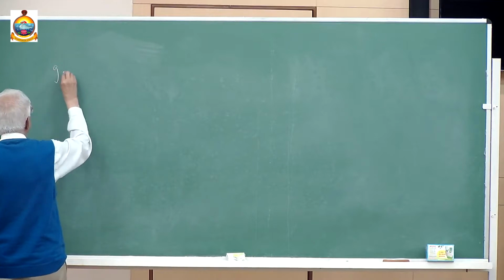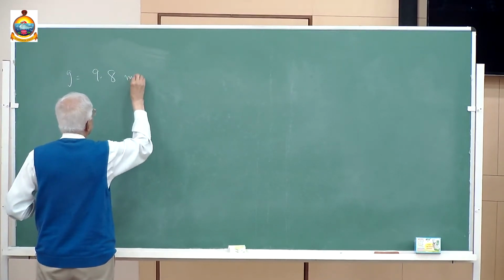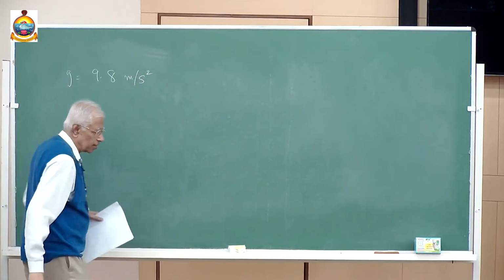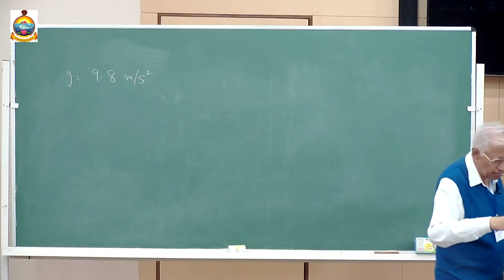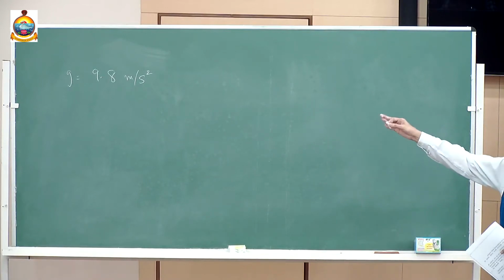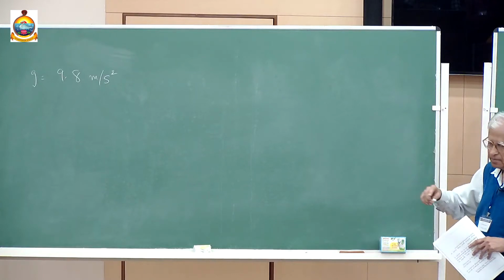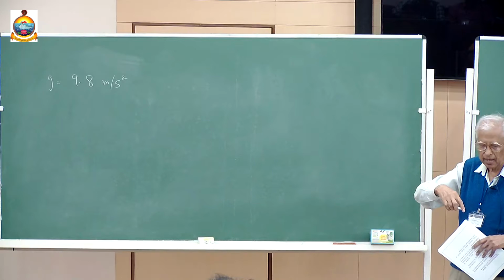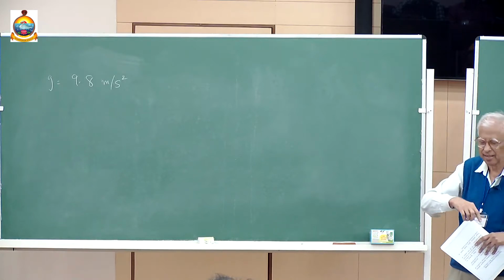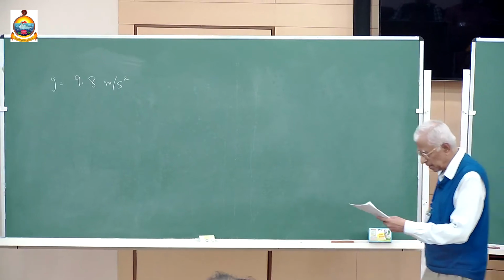I will use the acceleration due to the earth on bodies near the surface of the earth, little g, 9.8 meters per second squared, and express these 3 causes of non-inertiality in terms of this.